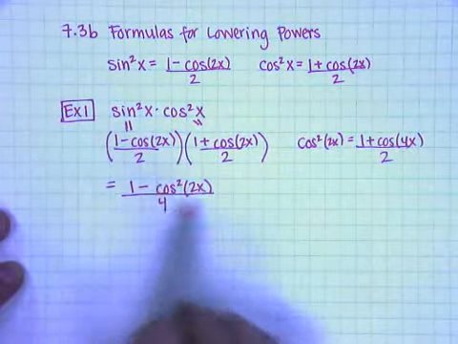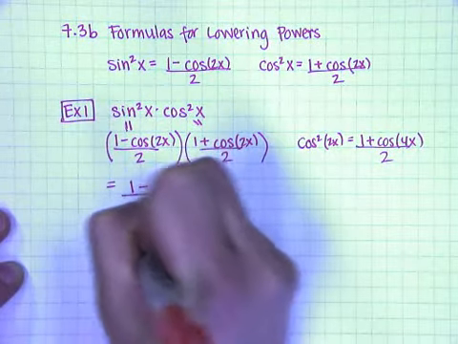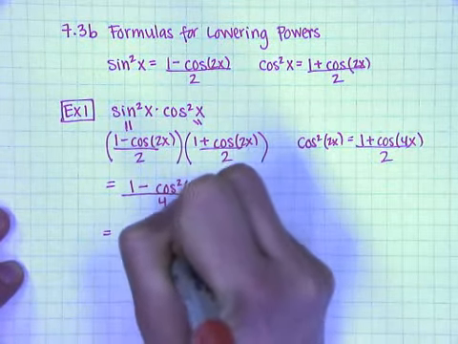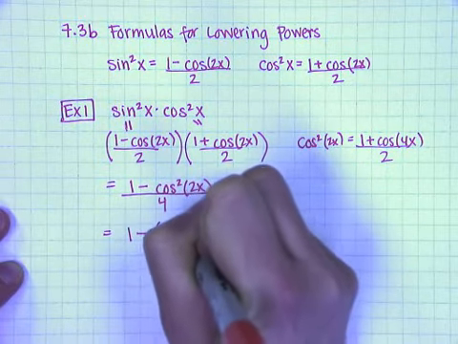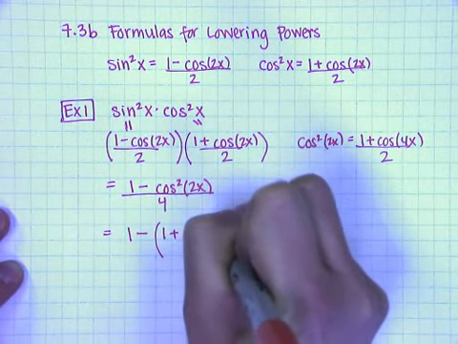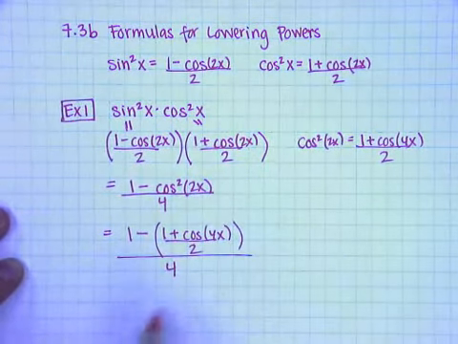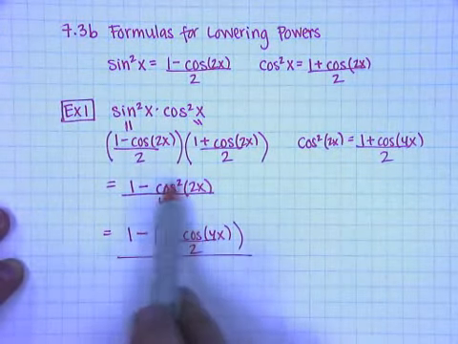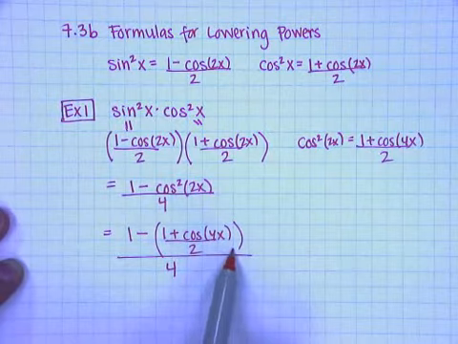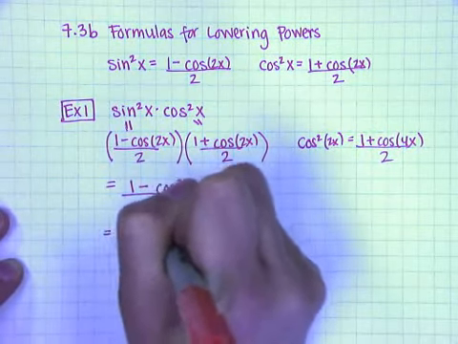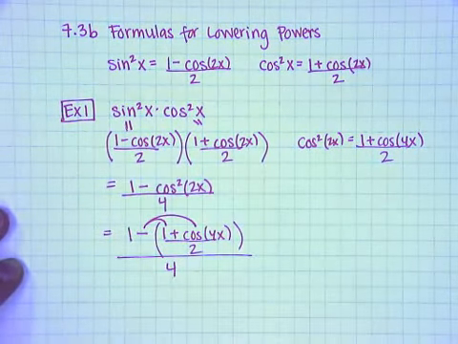So now I need to sub that in here. I've got 1 minus 1 plus cosine of 4x over 2, all over 4. Please be careful whenever you're subbing in a quantity to always put parentheses around it, because I will have to distribute this 1 into the parentheses.